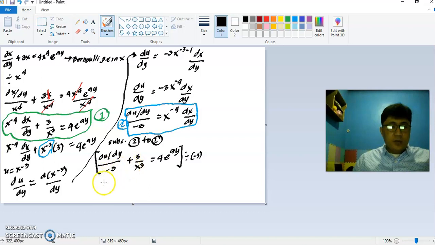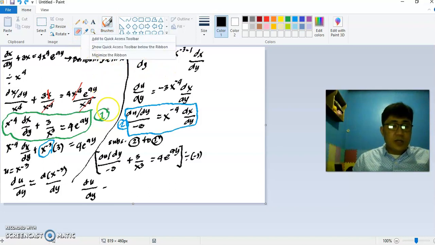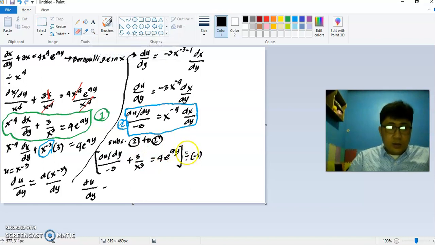So now dividing both sides by negative 3, so therefore you will have du over dy equals, so divide this one, that is not divide, sorry, that is multiply. Because we cannot delete this one if we divide, so we need to multiply.